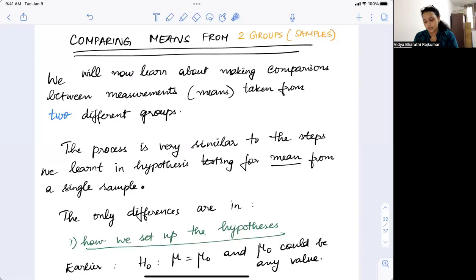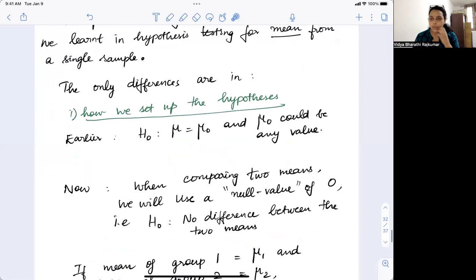We'll use this similar process, and there are only going to be two major differences. The first is in how we set up the hypothesis. Earlier, we were writing down our null hypothesis that mu is equal to mu naught. That is, a population mean is some value, and that value could be anything. Right now, because our interest is in comparing two means, we'll only look at comparison between two means. That's the focus in this course.